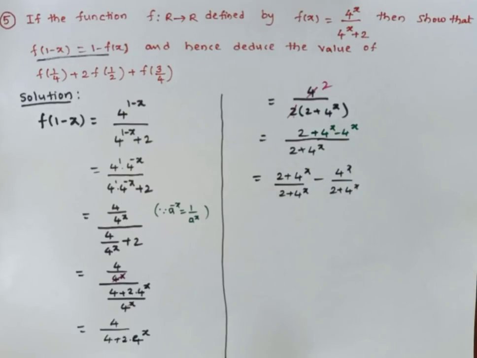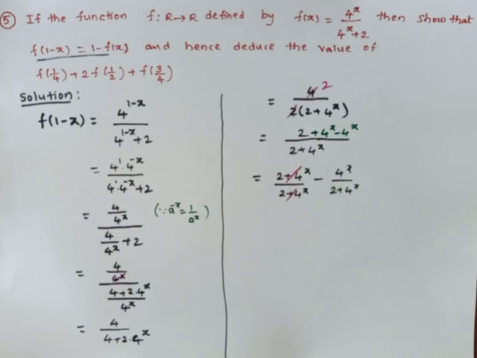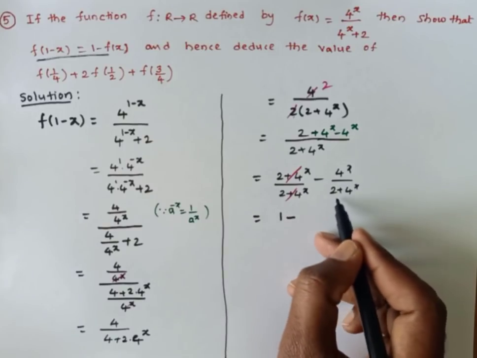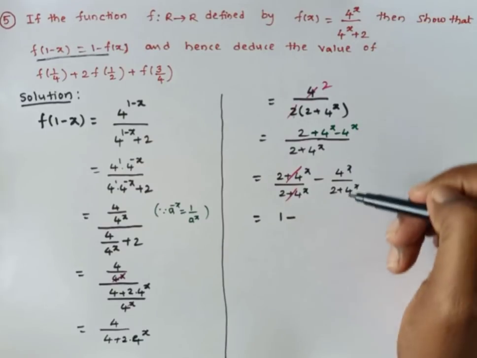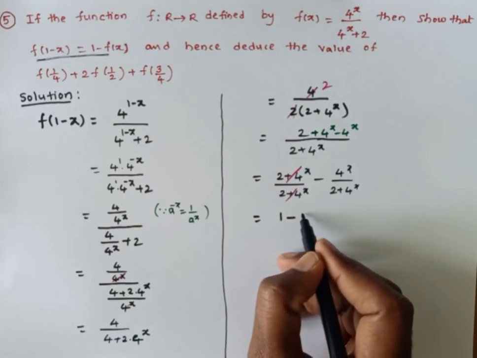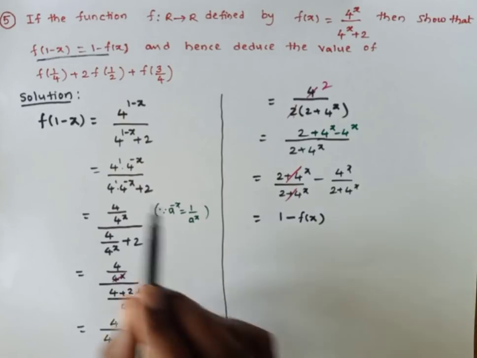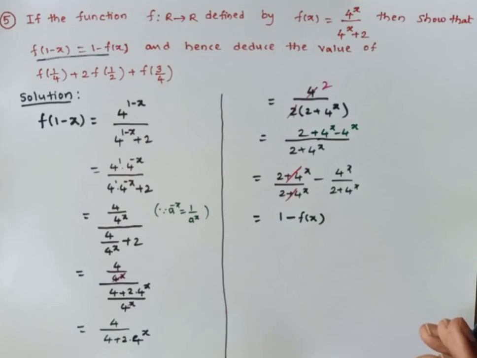Now here you can observe 2 plus 4 power x and 2 plus 4 power x get cancelled. Then this is nothing but 1. So this is 1 minus 4 power x by 2 plus 4 power x, which is 4 power x by 4 power x plus 2. So we can write it as 1 minus f of x. So here f of 1 minus x is equal to 1 minus f of x.